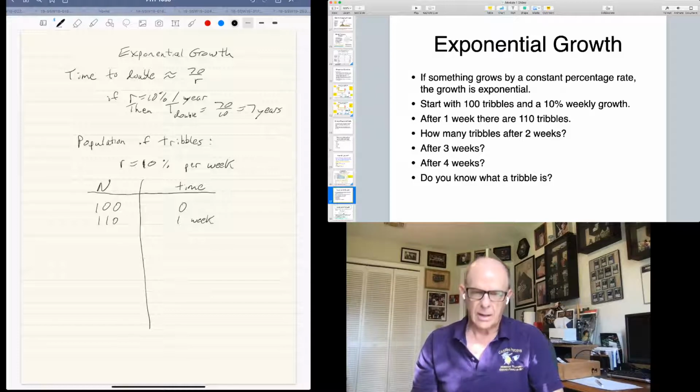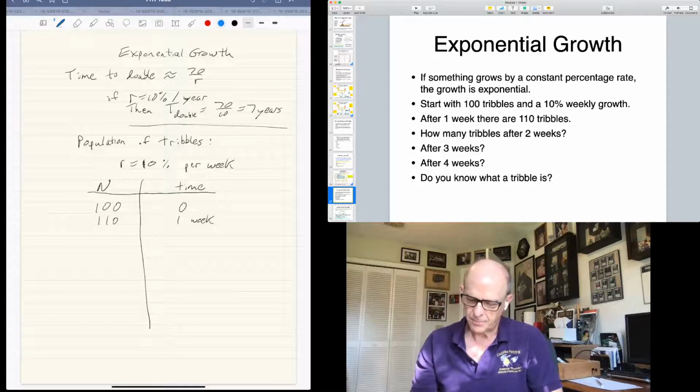Now let's say we want to figure out how many tribbles there are after 1 year or 52 weeks. Well, I could go through this and write down 52 elements in my column, but I can use this shortcut that says that the doubling time for tribbles, T double for tribbles, is 70 over 10%.